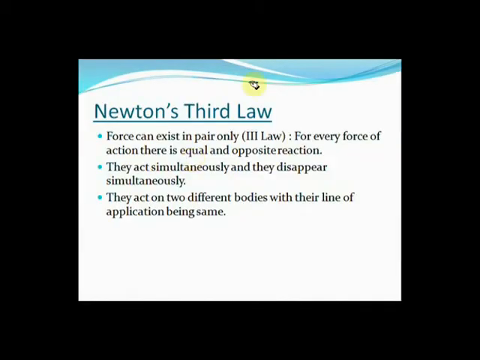To understand this, let's get back to our block and rod example. So we have seen that on the block A, a force F was being exerted by the rod, and the block A was exerting an equal and opposite force F1 on the rod, and F was equal to negative of F1.